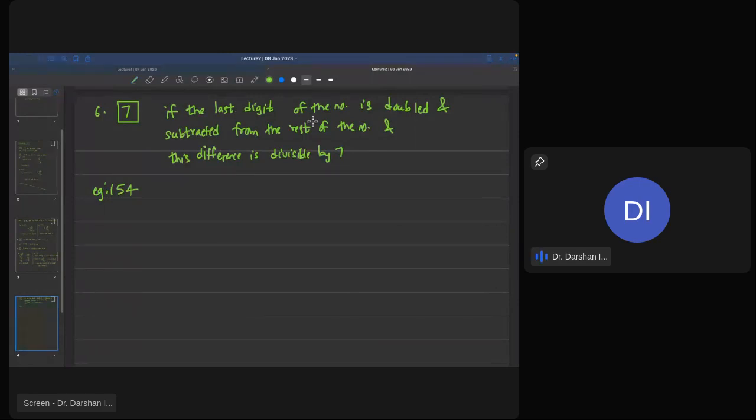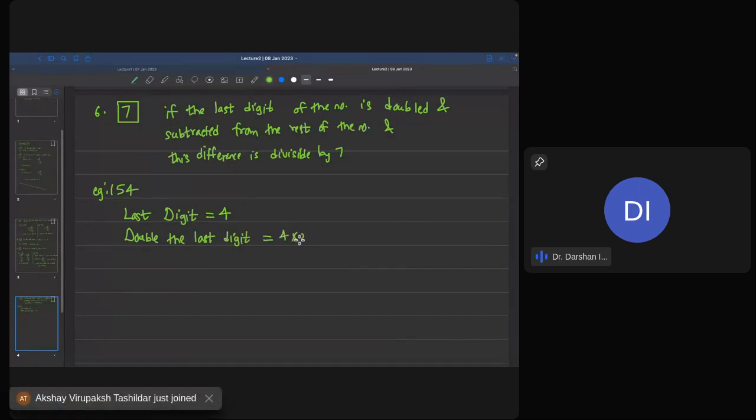So in 154, what is the last digit? 4. Right? So double the last digit, that is 4 into 2, which is 8.